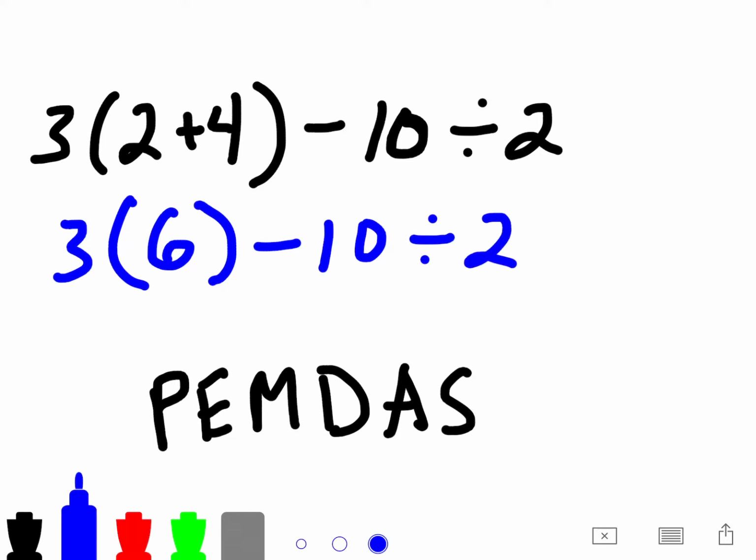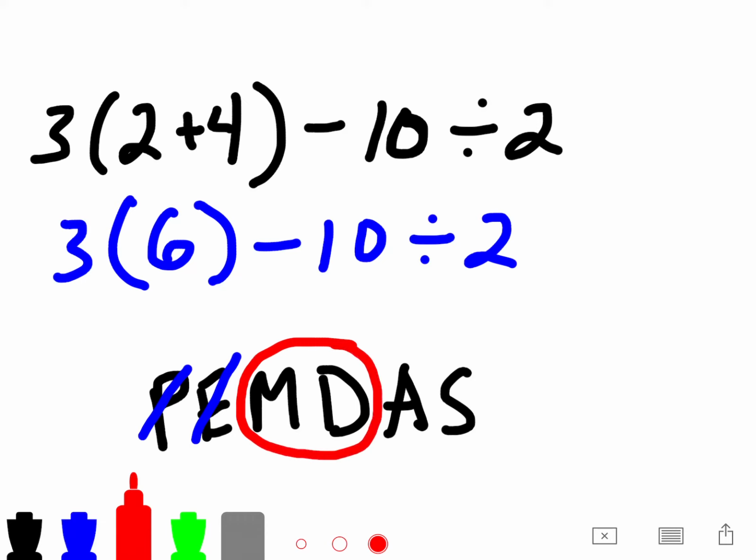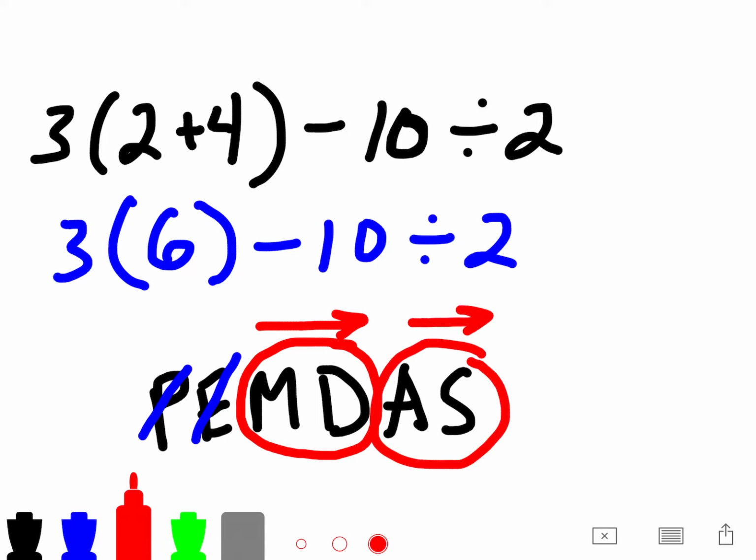So what do I do next? Well, the next step is, we already did the parentheses. We don't need to do the exponents. There are no exponents. Multiplication and division happen together from left to right. That's really important to remember. And addition and subtraction happen together from left to right. They're kind of like one step.